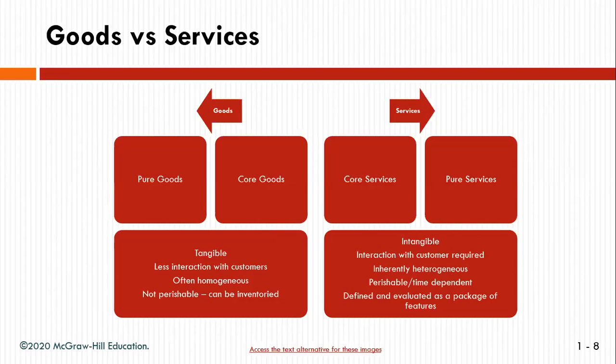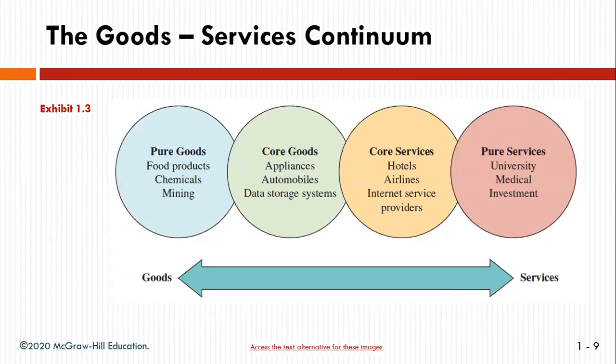Now, as we said, pure goods, food products, chemical, mining, they're all homogeneous and similar. Now you get the core good: appliance, automobile, data storage systems. These are kind of, they're selling you a good, but there is some service that comes as support behind it.